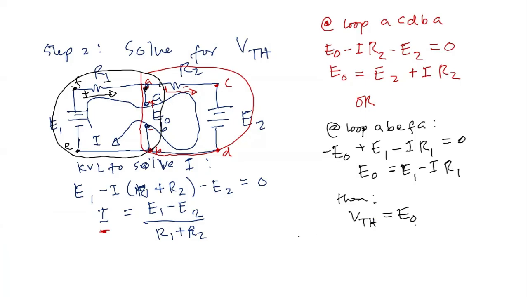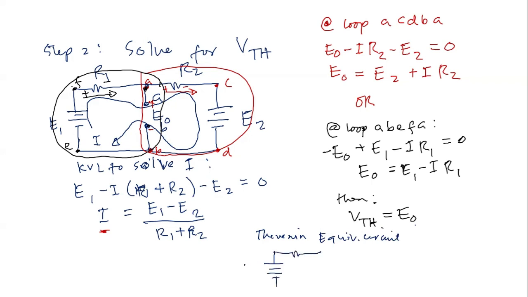Then after solving for RTH and VTH, we have to draw the Thevenin equivalent circuit, which is a simple series circuit now.